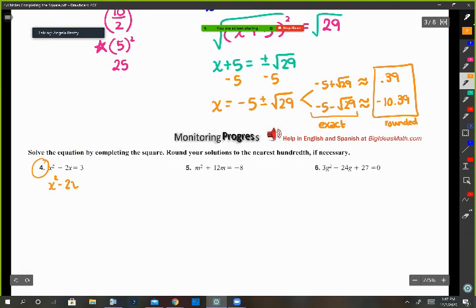And if you finish it, then move on to number 6 and go as far as you can go, preferably all the way. So everybody try it. If you get stuck on 4, go as far as you can go on 6.